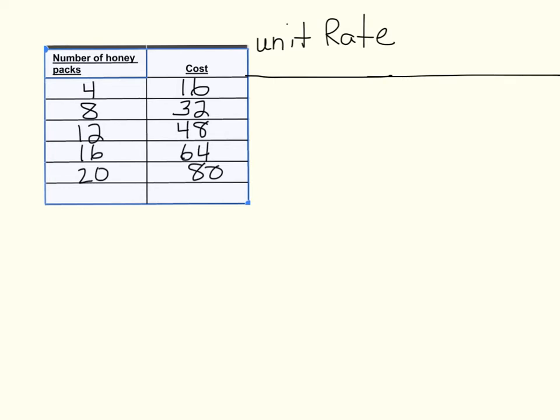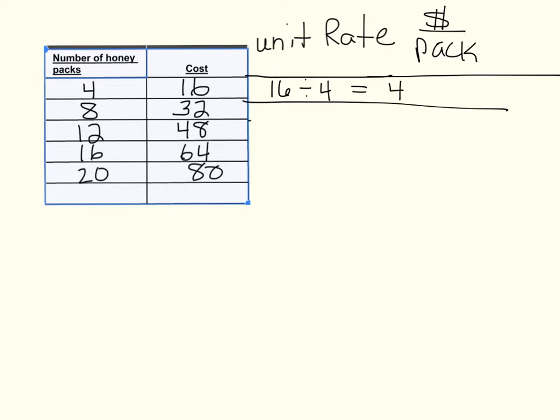The unit rate that I want is how much it costs per pack. So I'm starting with my words here, cost per pack. That means I'm going to take the cost and divide by the number of packs. So this one would be 16 divided by 4 is 4, and so on and so forth. Continue the table, press pause, finish the table, and then press play to check your answers.